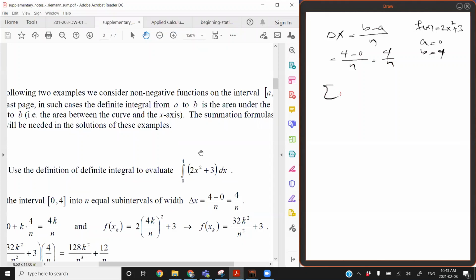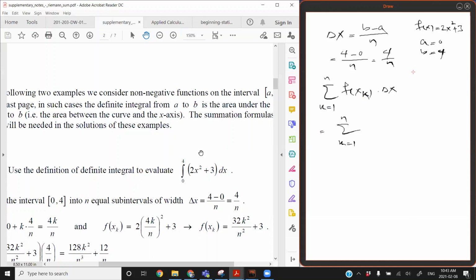Now we have sigma f of xk times delta x that we need to simplify and write as an expression which has n in it only. So this is going to be sigma k from 1 to n of f of xk.